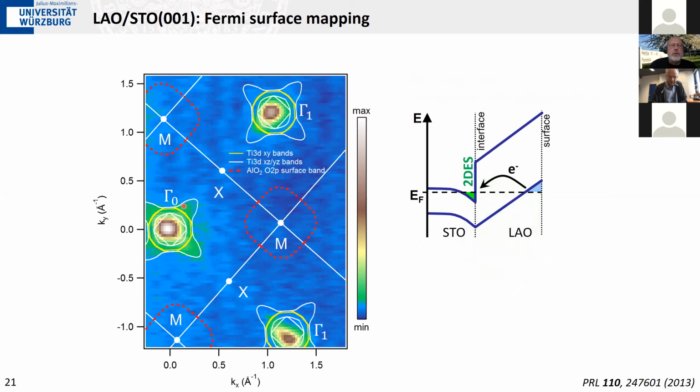We have these electron pockets also predicted in the band calculation, due to these electrons sitting in this potential trough. But as I said before, in the band picture, you would expect the LAO valence band to cross the Fermi level and give rise to hole-type Fermi surfaces at the surface. According to the band calculation, they should be centered around the endpoints.